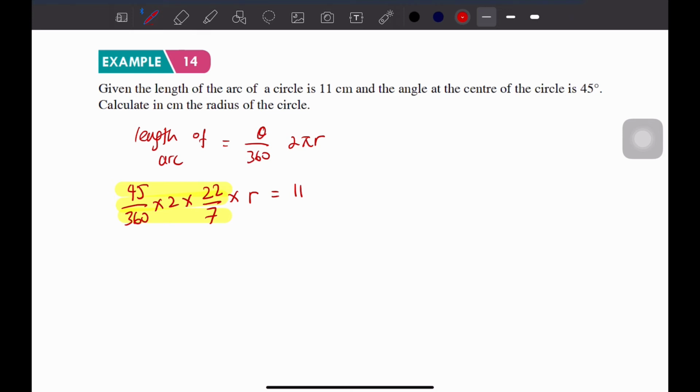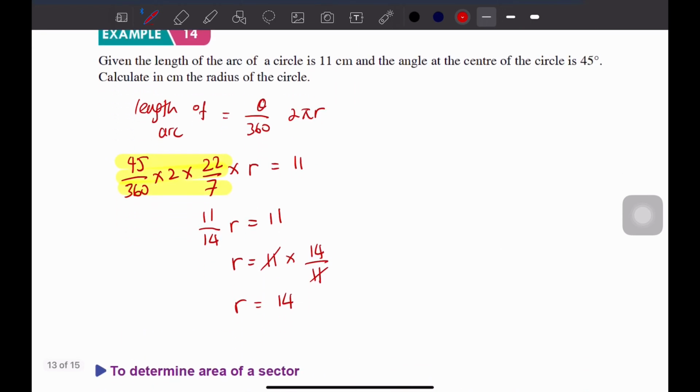You will get 11 over 14 r is equal to 11. This one is a fraction, so if you move it to the other side it will become the reciprocal, 14 over 11. So this cancels out, and r is equal to 14. So simple, right?